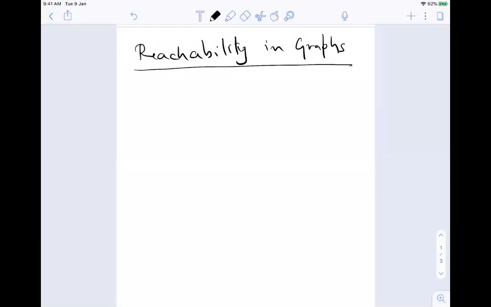So if at any point of time we are using some notions of graphs that you are not comfortable with, or you have not seen in your discrete math course, please stop me and ask me immediately. I will be happy to go over it as much as possible.